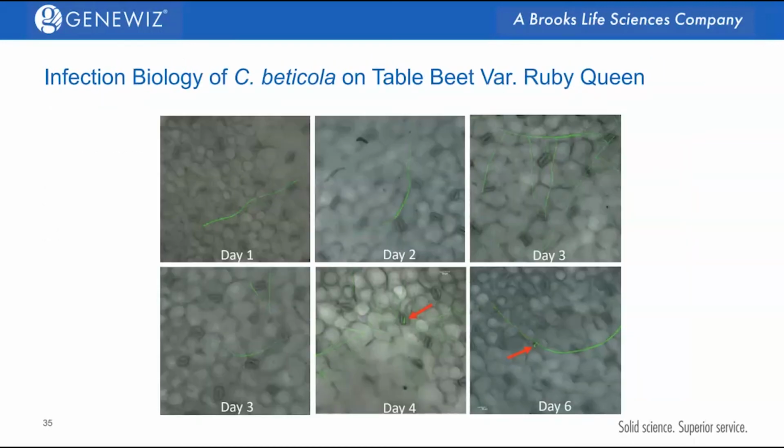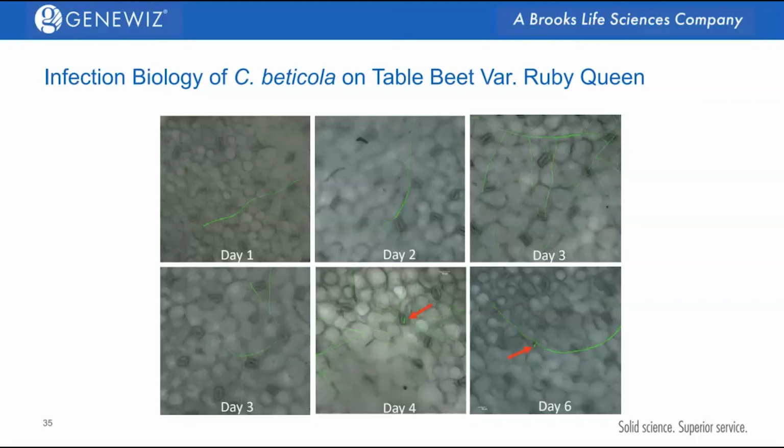So what I did was I sprayed the leaf with a spore suspension, and incubated the plant in really high humidity, and I sampled a leaf at day 1, day 2, up to a week. So in day 1 you are able to visualize the spore on the leaf surface. You can see the stomata. This is done through confocal fluorescent microscopy.